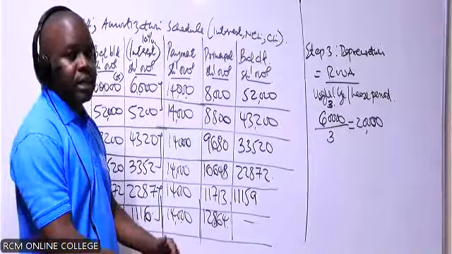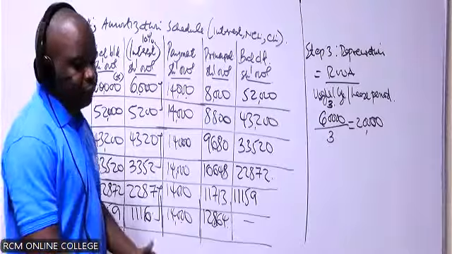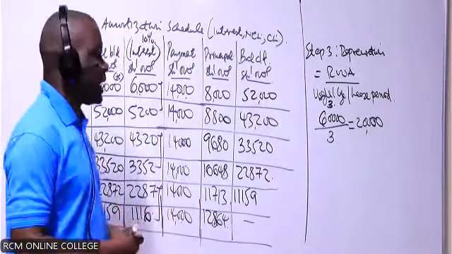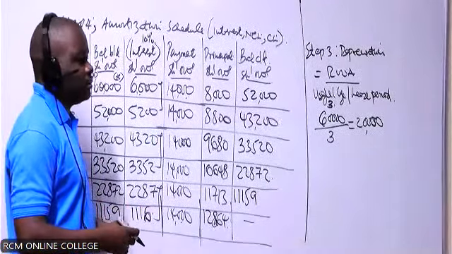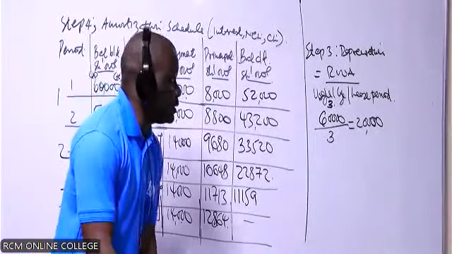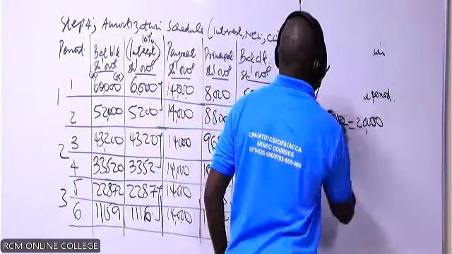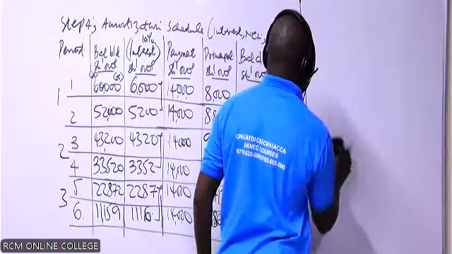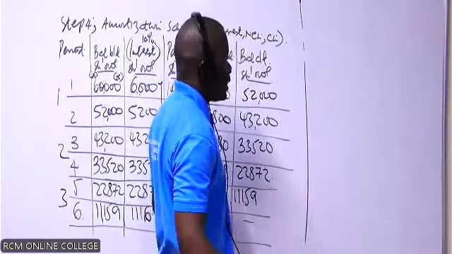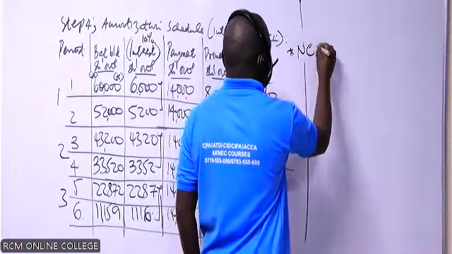When you are preparing the schedule, how do you identify the non-current liability obligation? We said you pick the balance carried down from the second year. So if the lease payments are paid in arrears, we can identify our non-current liability obligation, our NCL obligation.